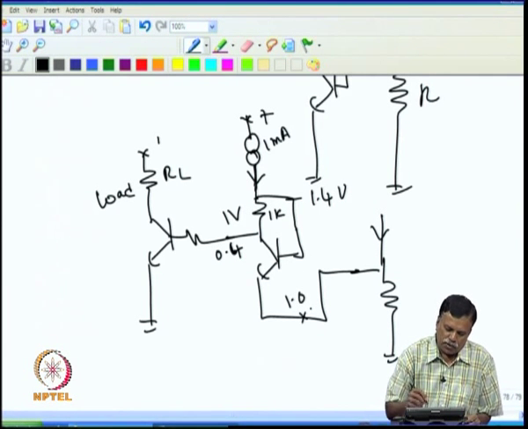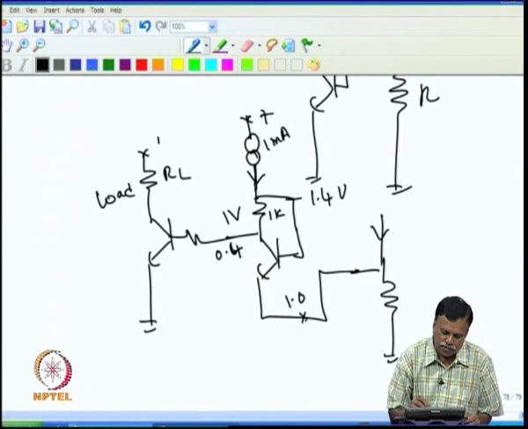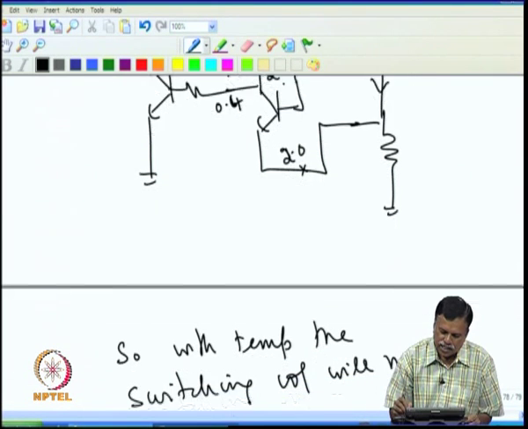Added to that, if I want to switch at different voltages, for example, the switching voltage is taking place at 1 volt, if I want to change the switching voltage, all I need to do is change this resistance. For example, if I put 2k, then the switching voltage will go to 2 volt. So, switching voltage can also be easily changed by changing the resistance value.